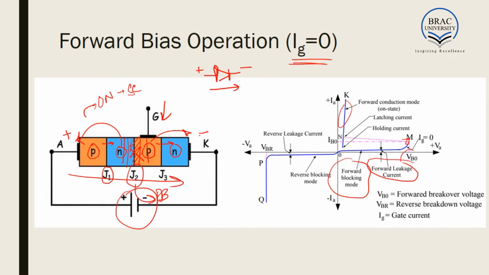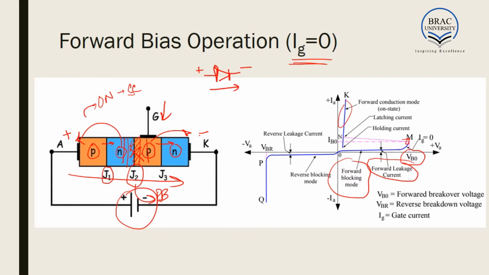So this point is called forward breakover voltage. So what is forward breakover voltage? Forward breakover voltage is the minimum voltage required so that the SCR goes into breakdown in forward bias condition. So the minimum voltage required at which the SCR goes into breakdown in forward bias condition is called forward breakover voltage.